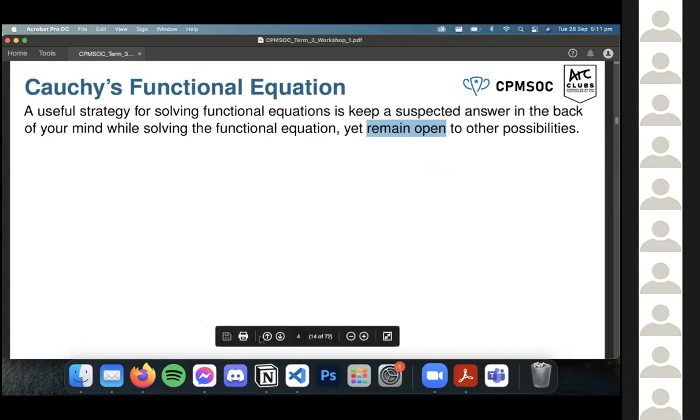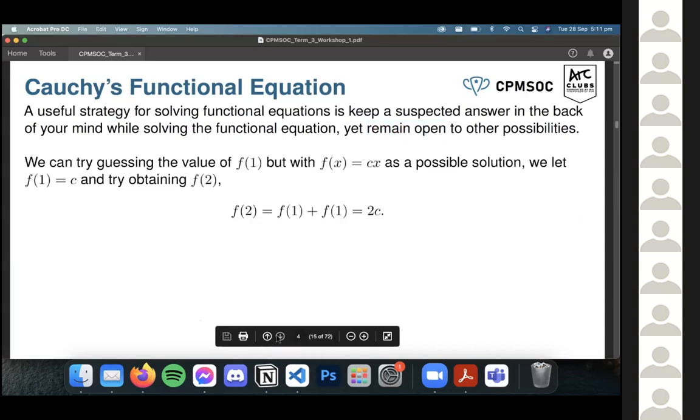Okay, and knowing this, we can guess that the solution to Cauchy's functional equation is y equals cx. After subbing x equals 0 into our functional equation, we get that f of 0 equals 0. But after that, there are many other things that we can do.